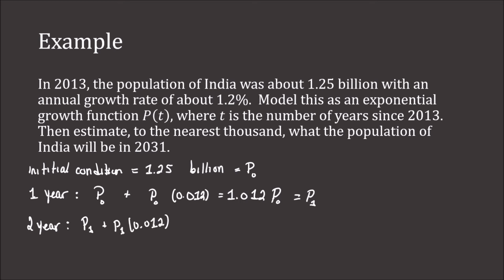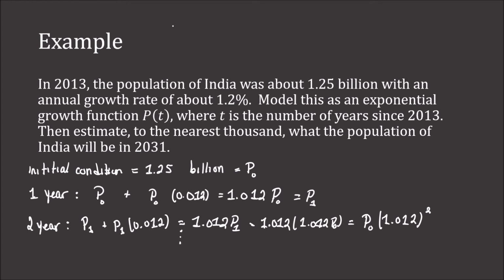So this is 1.012 times P1, but P1 was 1.012 P0. And so this becomes P0 times 1.012 squared, right? And so on and so on.